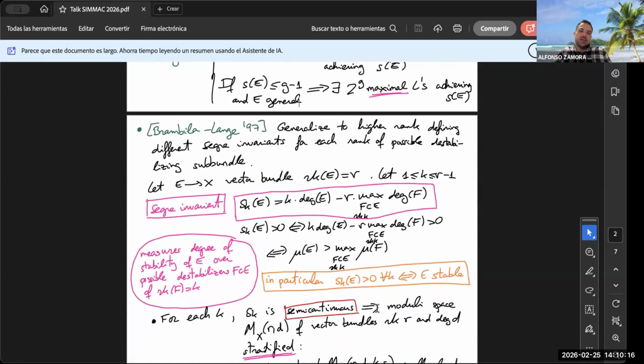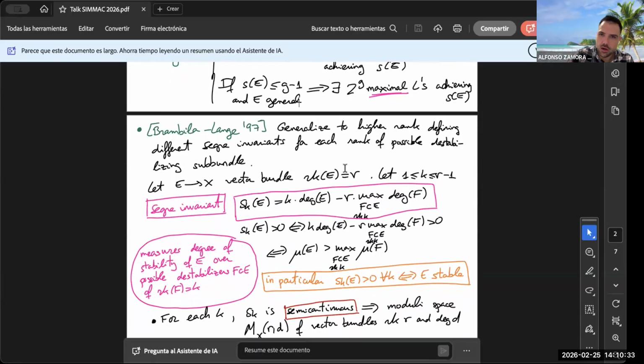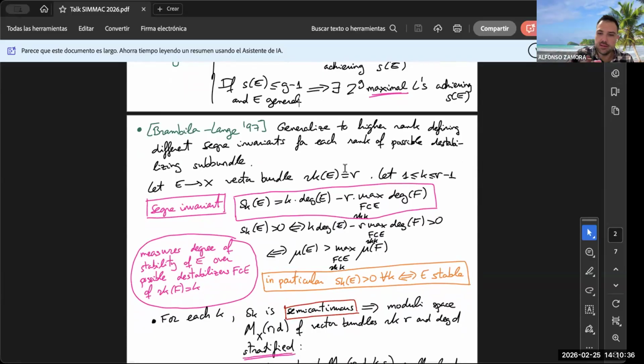Then the following step in the process is the study of Letizia Brambilla and Herbert Lange in 1997, when they generalized this to higher rank vector bundles. For a general vector bundle of rank r, a vector bundle can be stable or unstable if it is destabilized by subbundles, but the subbundles can have different ranks.